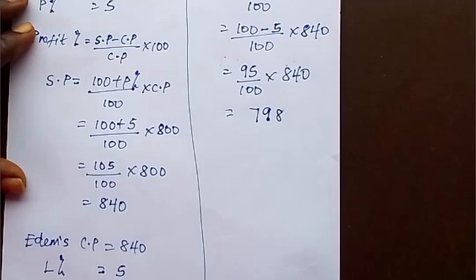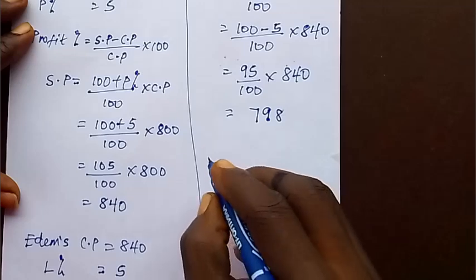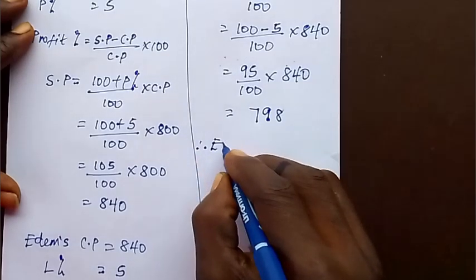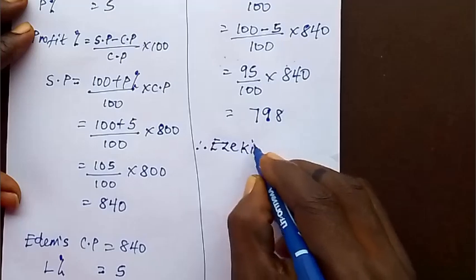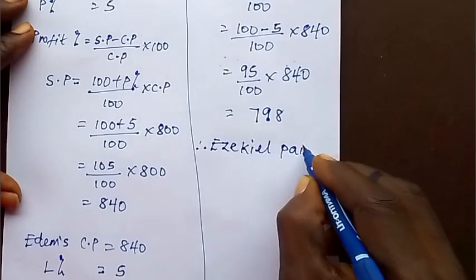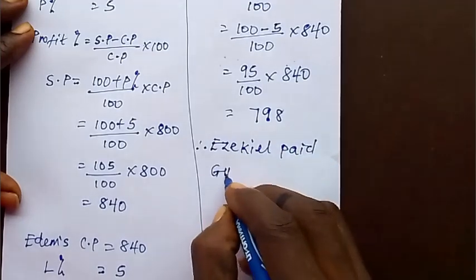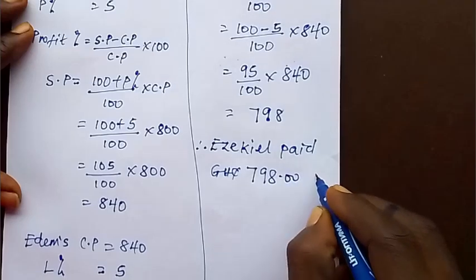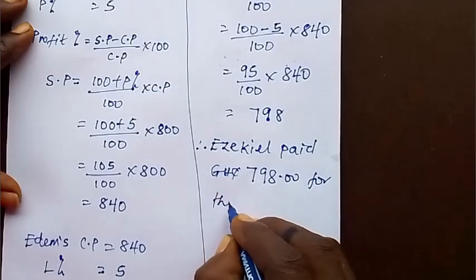But the question is demanding how much Ezekiel paid for the radio. So from here, therefore, Ezekiel paid 798 Ghana cedis for the radio.